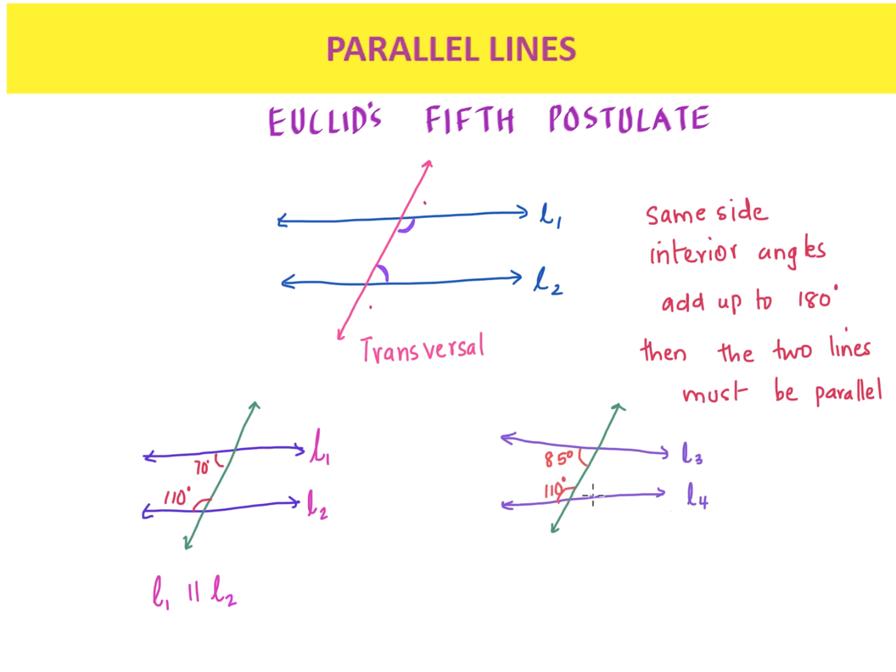Now these two lines L3 and L4 are not parallel to each other. So L3 is not parallel to L4, since the same side interior angles do not add up to 180 degrees. They in fact add up to 195 degrees.